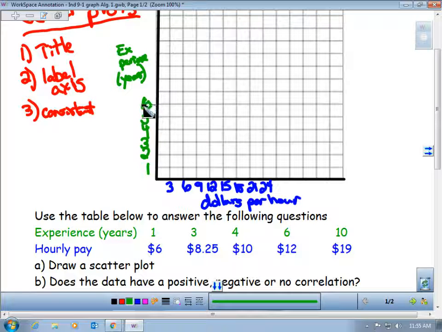This thing's jumping around on me, guys. Sorry. 7, 8, 9, 10, 11, and so forth.